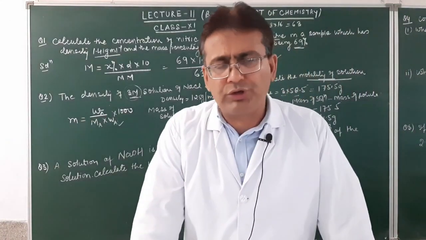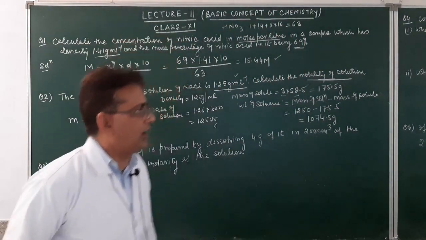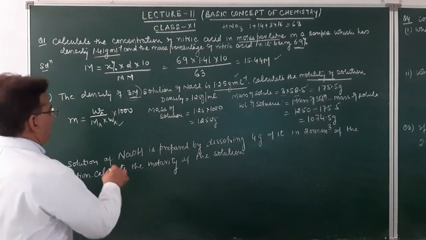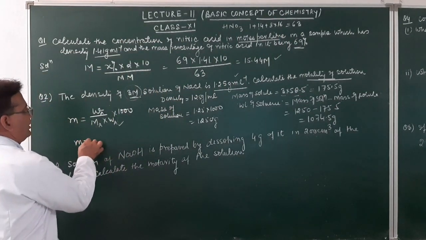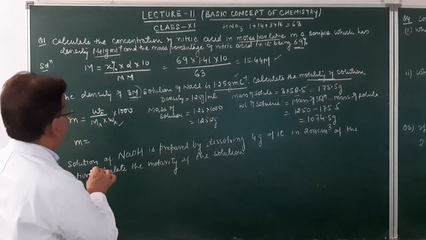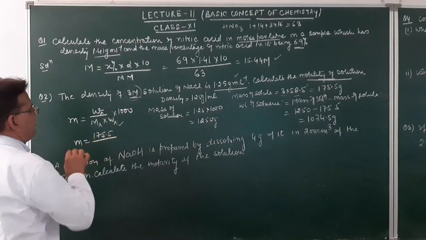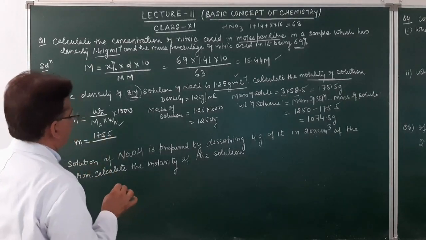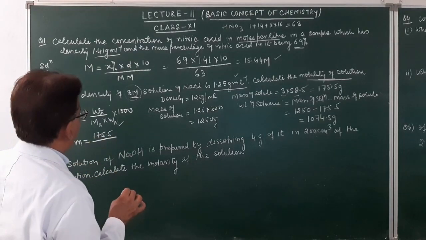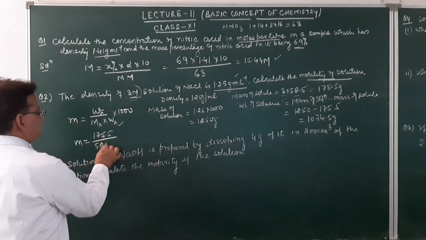We'll substitute this in this formula to obtain the molality of the solution. So molality will be equal to, what is the mass given? Mass of solute is 175.5. What is the molecular mass of NaCl? This will be 58.5.